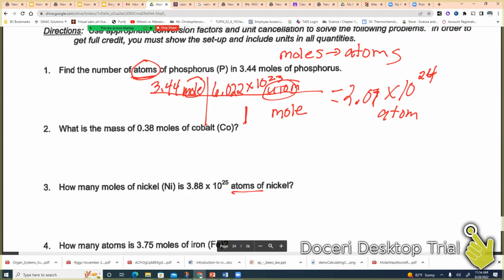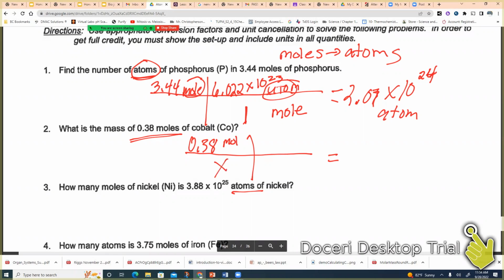So if you're having trouble getting started, because I know sometimes it's just like, I don't even know where to go, at least get started and know that this is all we've done so far. It's only going to have 2 boxes. And then whatever you're given is always going to have to go up here.